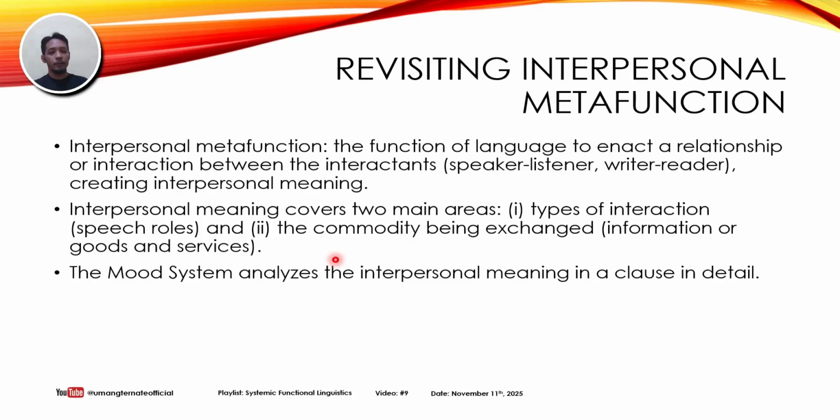We will look at these commodities in the next slide. But basically, we can understand that interpersonal meaning highlights the types of interaction, whether it is giving information or goods and services, or demanding information or demanding goods and services. And this interpersonal meaning is analyzed in detail in the mood system. Okay.